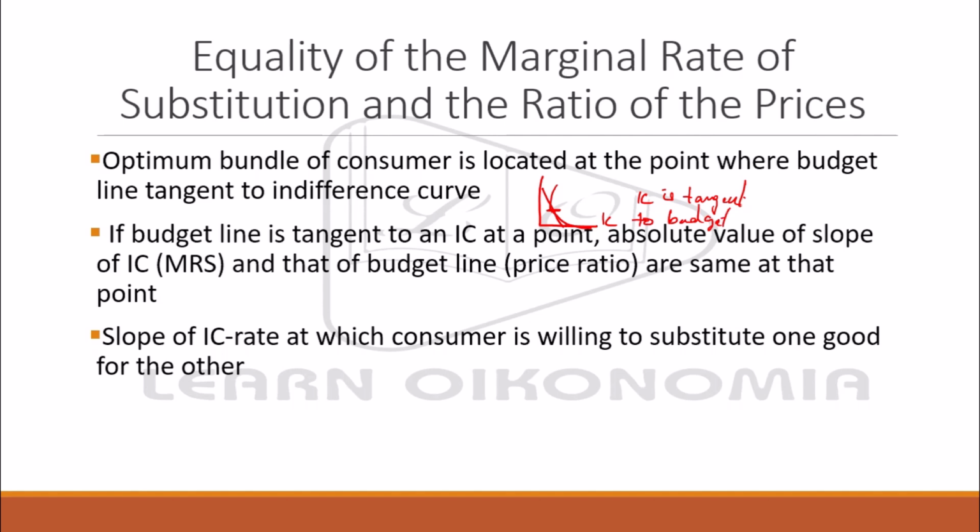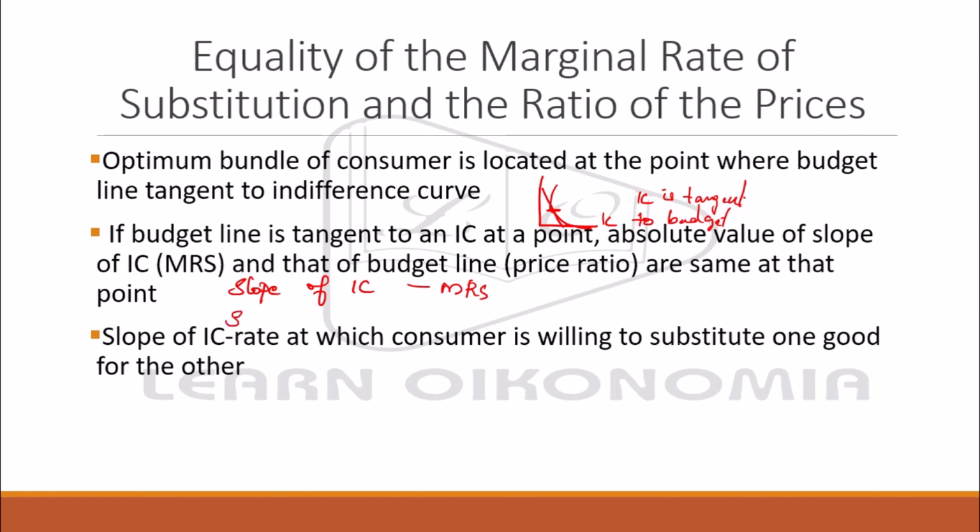If the budget line is tangent to an IC at a particular point, what it shows is that the slope of your indifference curve is equal to the slope of your budget line. What is the slope of IC? The slope of IC is indicated by MRS. And what is MRS? The marginal rate of substitution between two goods. So the slope of IC at this point would be equal to the slope of your budget line.